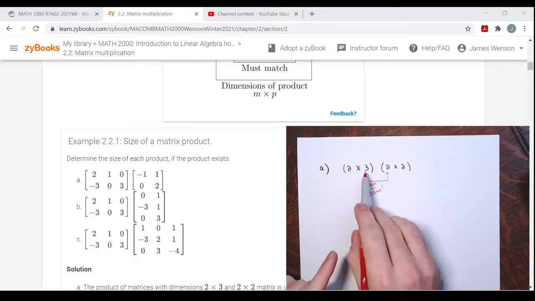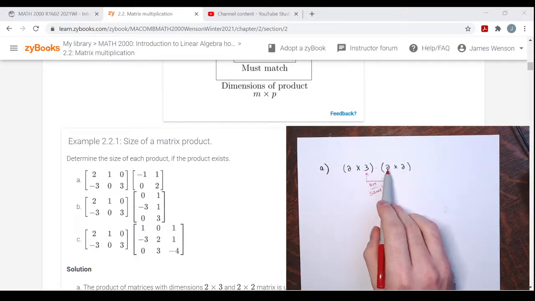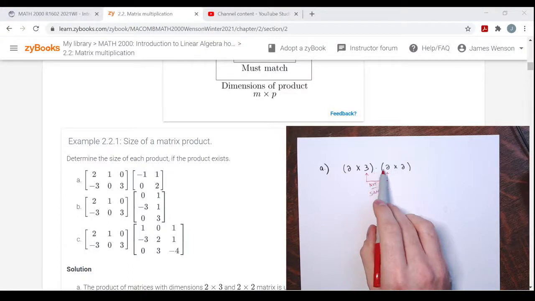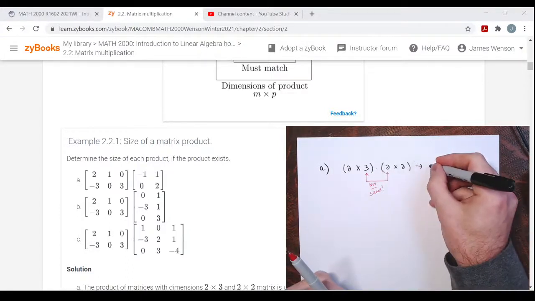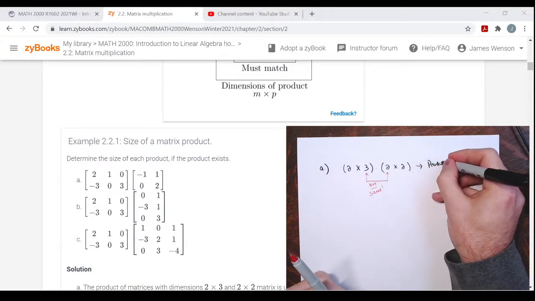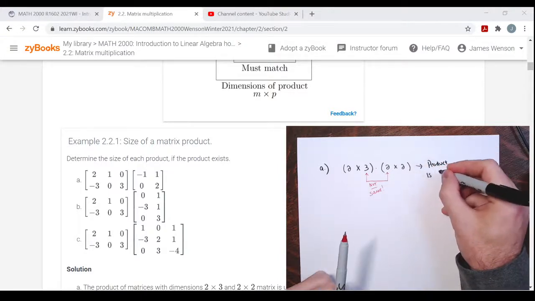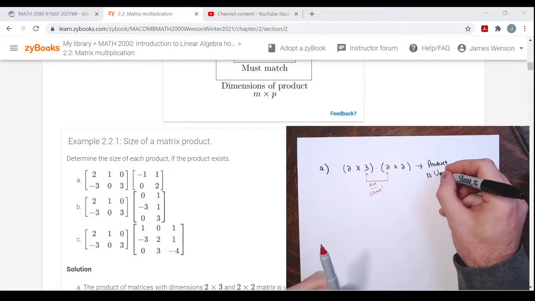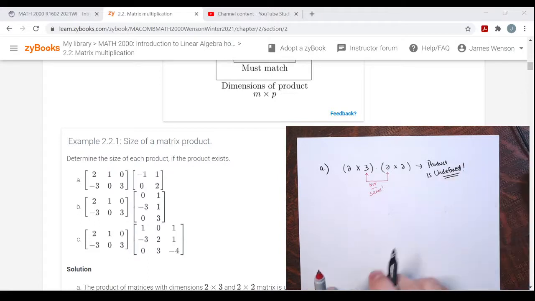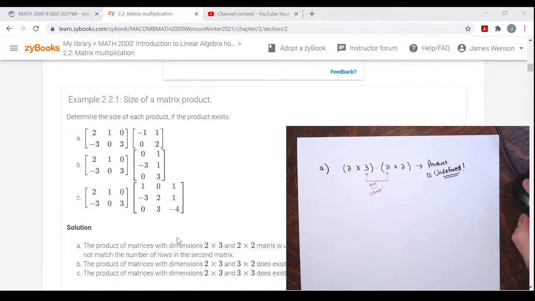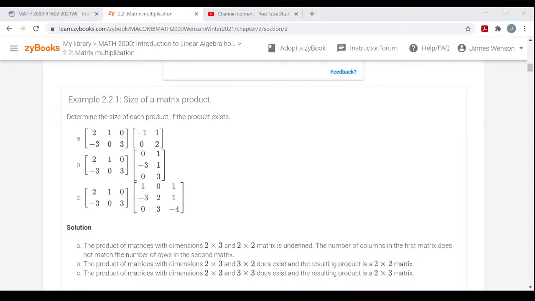There are 3 columns in the left matrix, only 2 rows in the right. These need to be the same. Since they're not, the product of these two matrices cannot be taken. We haven't seen how to yet, but the product will be undefined. When I scroll down here, you see the product of matrices 2 by 3 times 2 by 2 is undefined. Oh, I got it covered by my paper. Sorry, it's undefined for part A.